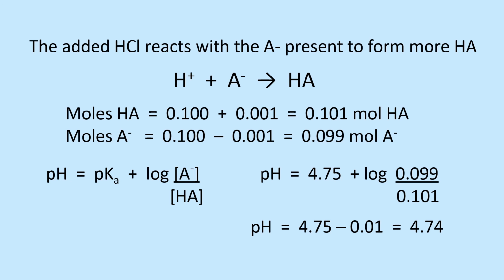So what you can see from the Henderson-Hasselbalch equation is that unless the A minus to HA ratio changes by an order of magnitude, that is a factor of 10, the pH is not going to change by 1 unit. You need a change of a factor of 10 to change the pH by 1 unit. So if it changes by less than 10, the pH is going to change by less than 1 unit.